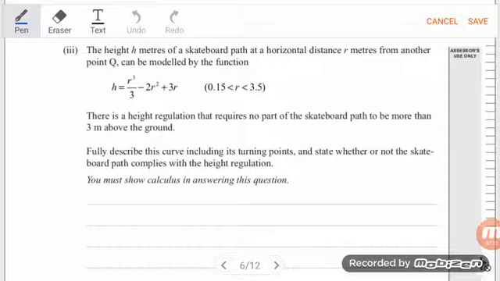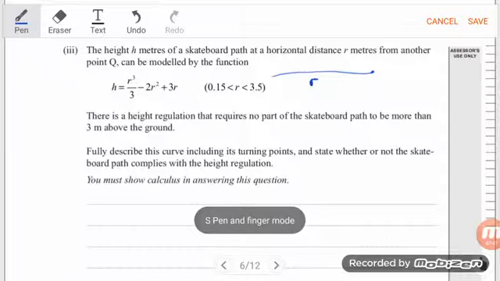The height in meters of a skateboard path at a horizontal distance r meters from another point Q can be modelled by this function.